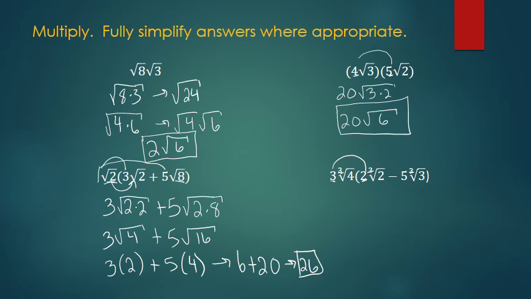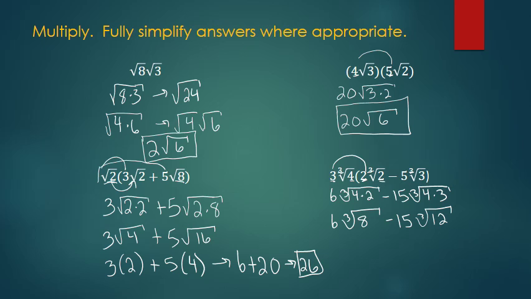So I get 3 times 2 is 6, cube root 4 times 2, and then 3 times negative 5 is minus 15, cube root 4 times 3. Now I go ahead and combine under the roots, so I get 6 cube root 8 minus 15 cube root 12.